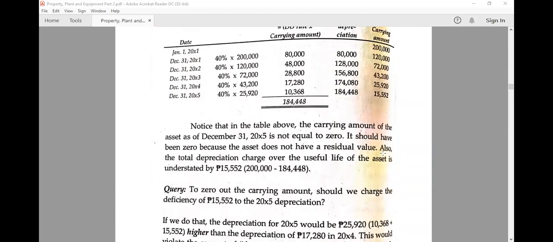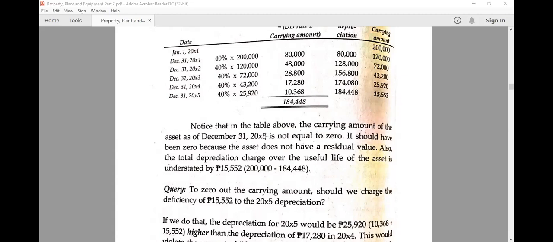Notice that in the table above, the carrying amount of the asset as of December 31, 20x5 is not equal to 0. It should have been 0 because the asset does not have a residual value. It's very true, correct? So this is also a situation. And then also the total depreciation charge is understated by 15,552, which is the ending balance. That's also true.